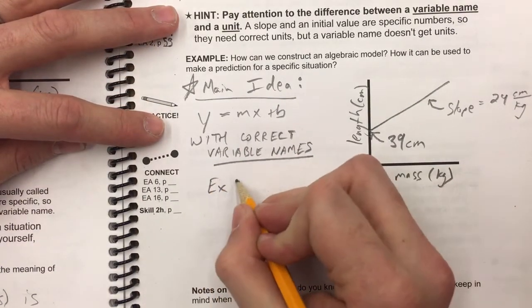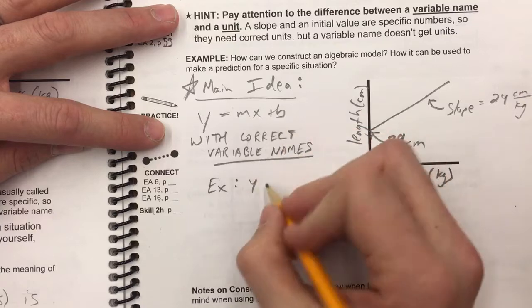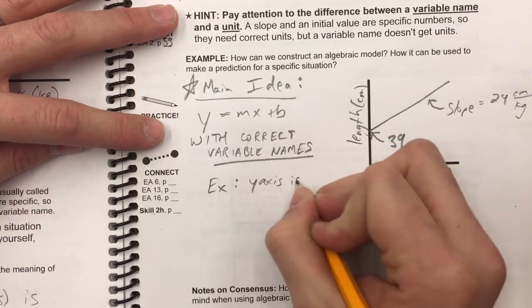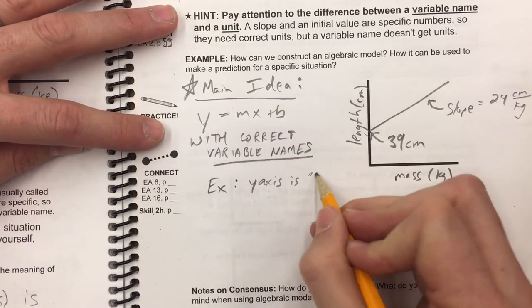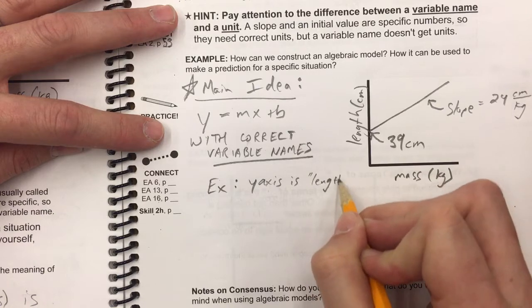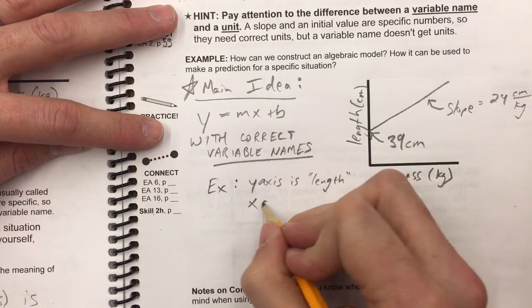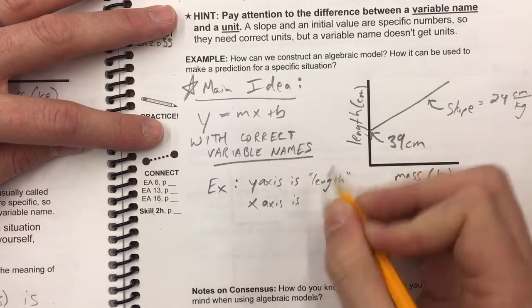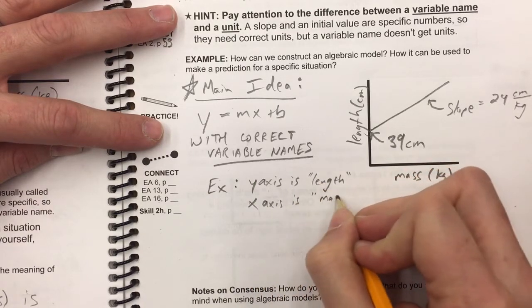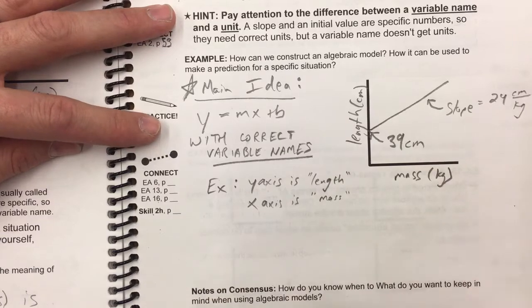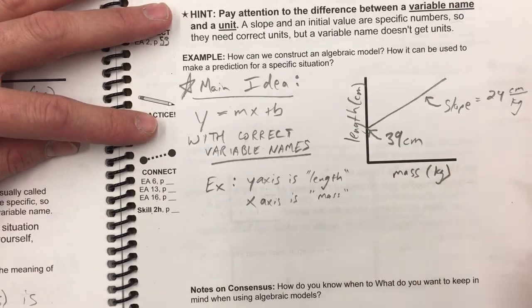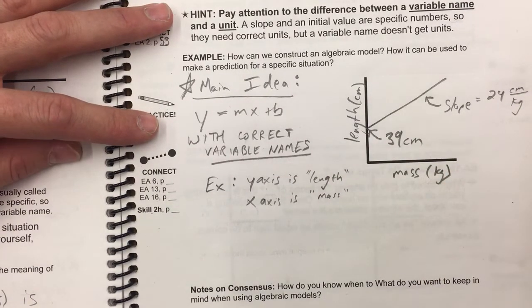But in this case, for this example, the y-axis is length. That is, we're going to think of length as the variable name on the y-axis, and the x-axis is mass. So we need to use these two variable names in our algebraic model, and that looks like this.